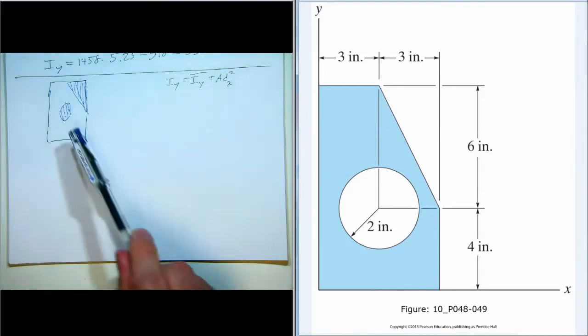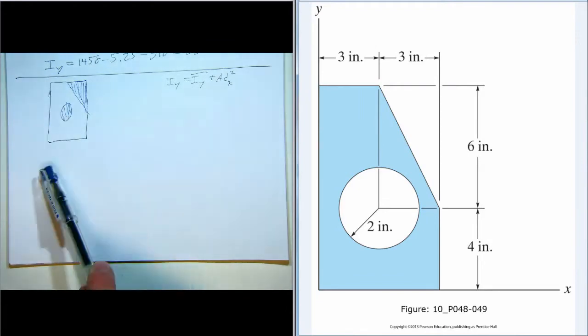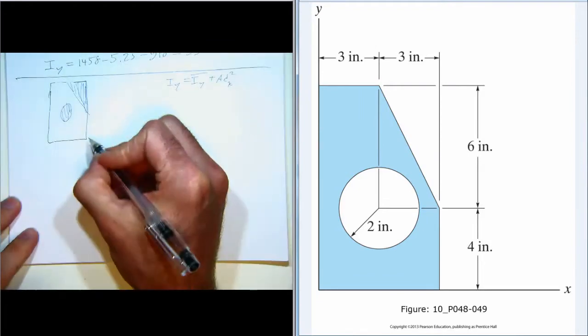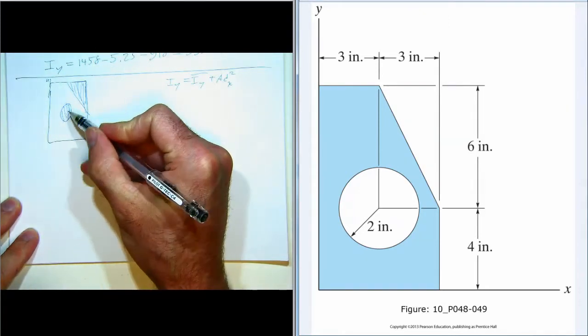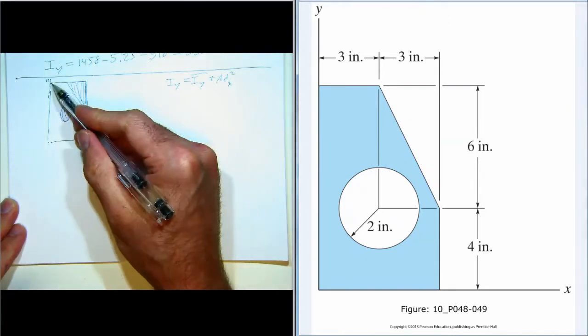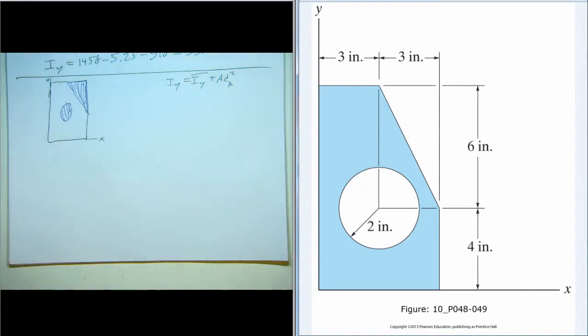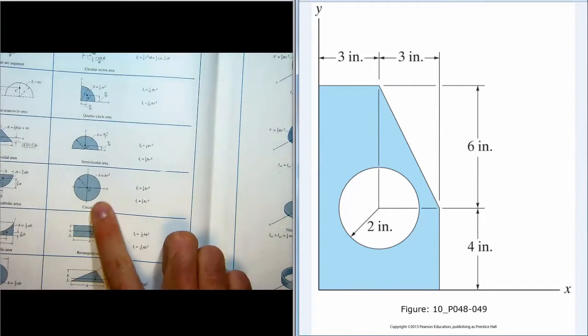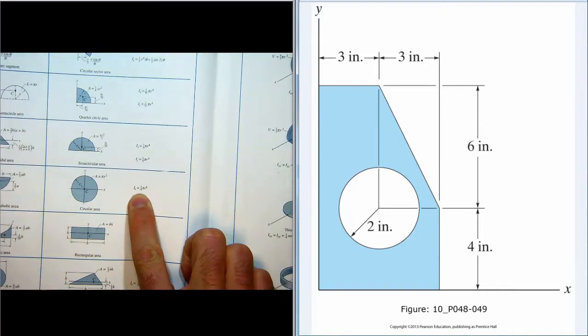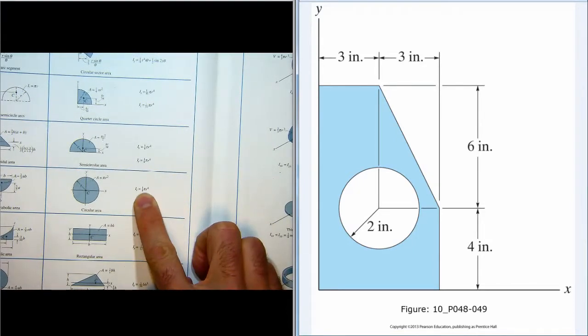So we find the moment of inertia of this segment about the reference y-axis, and then subtract the moment of inertia of the circle about that axis and the moment of inertia of the triangle about that axis. The only thing new is that now we have a circle, and so we'd have to go to the back of the book and look at this equation for the circle. And that gives us the moment of inertia about a centroidal axis.